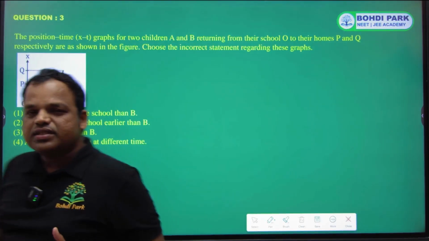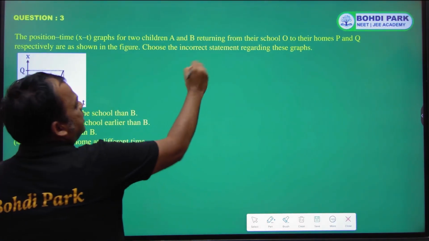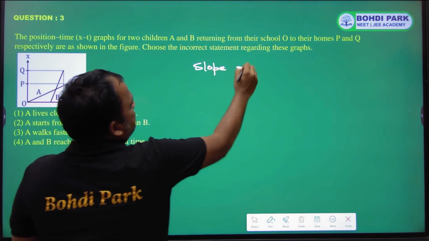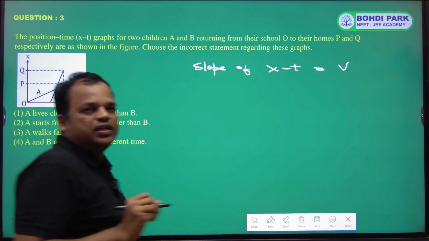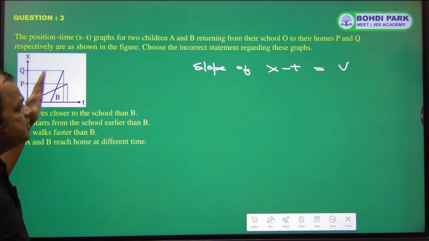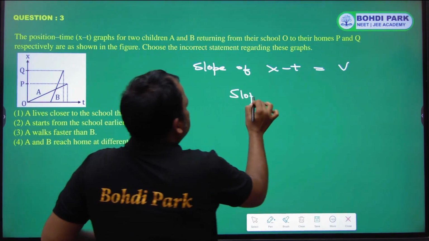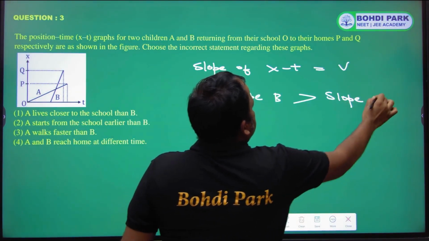Since it is a position-time graph, the slope is velocity. So which has more slope? Clearly the slope of A is less, the slope of B is more.